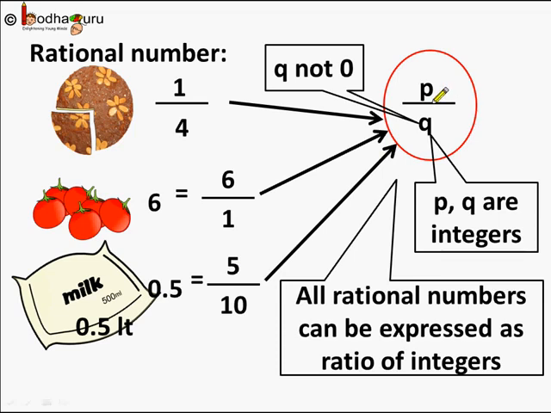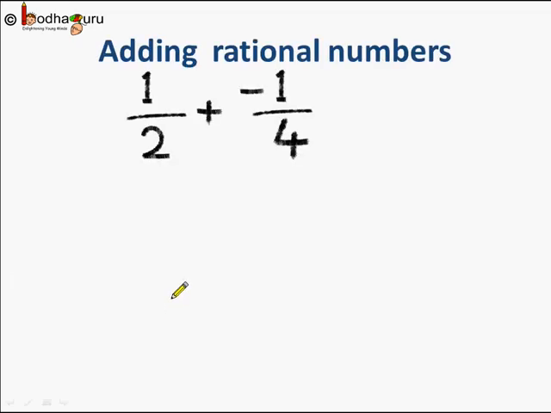So all these have been expressed in the format p by q, with q not equal to 0, and p and q are integers. Hence all of these are rational numbers.